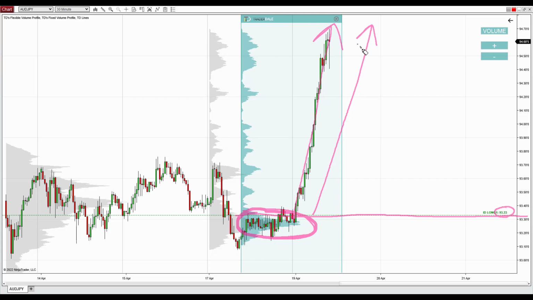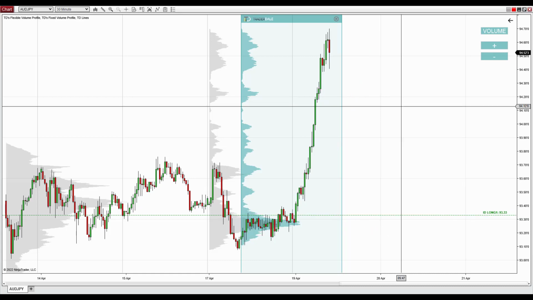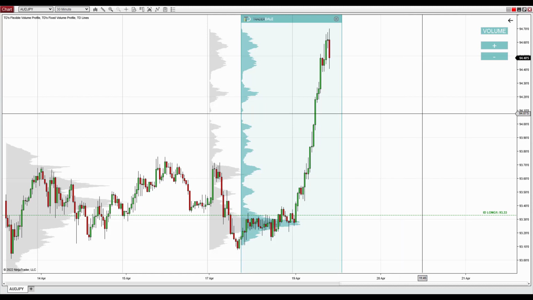So again, when there's a pullback at some point in the future to this zone, then the buyers from this zone will want to defend their longs and defend this area, which is clearly important for them because they placed a lot of their longs there. So they're likely to defend it and push the price upwards from there again. That's why I think that this is a strong support. Again, another volume accumulation setup.